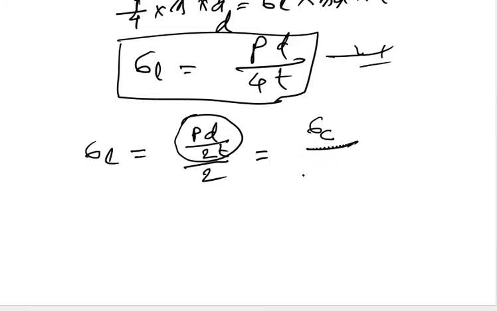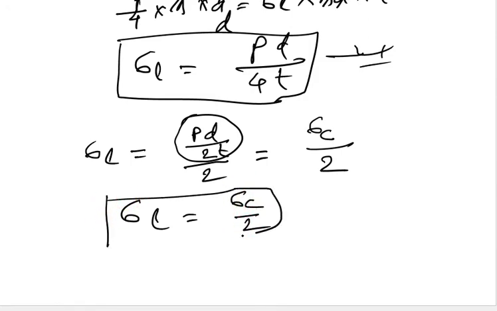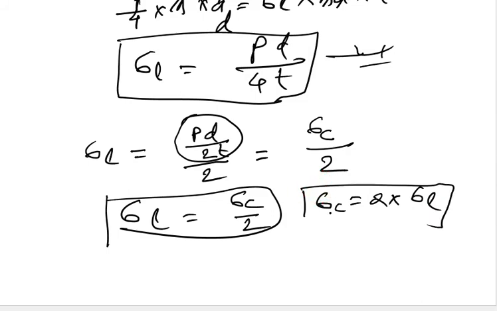So hoop stress upon 2. What we found is that longitudinal stress is half of the hoop stress, or hoop stress is equal to twice the longitudinal stress, correct? This formula will help you while you are solving problems or numericals, correct?